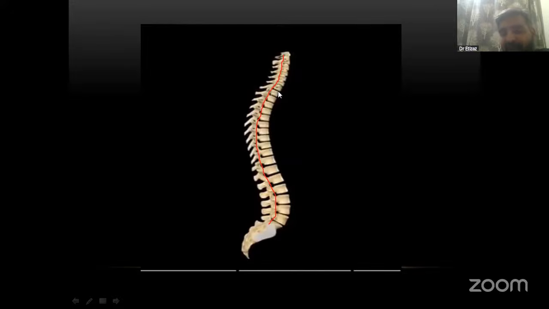In the lumbar, the body is larger and bigger, and the elements are larger. Why? Because the lumbar area is the load-bearing compartment of the spine. The load is transferred from the thoracic to the lumbar, so it should have larger and bigger anatomy compared to the thorax. So these are the transitional points that nature has given us.